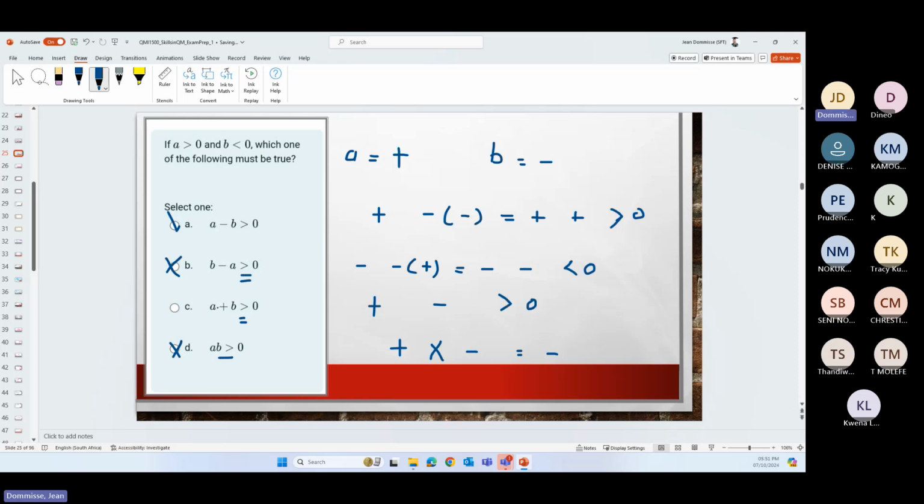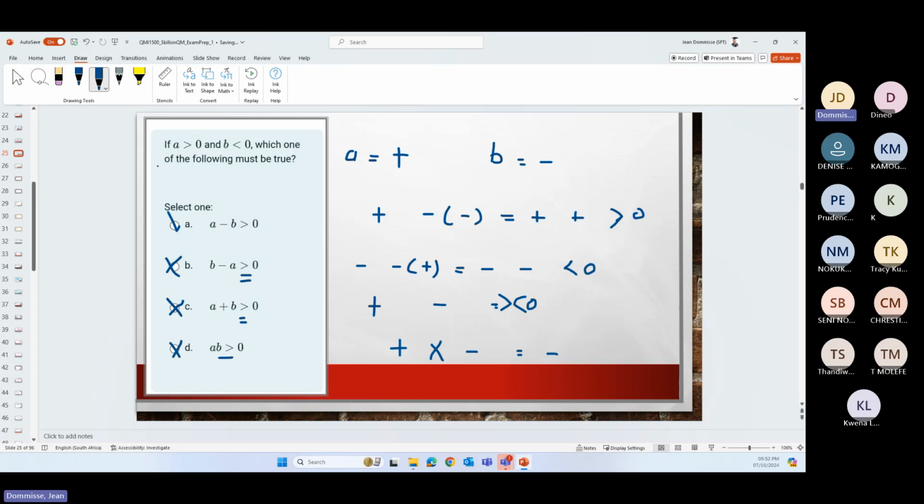If it was 1 and that was 3, or -3 in this instance, 1 plus -3 will still be negative. So this one can be bigger or smaller or even equal to 0, depending on what the numbers are. So that is why option C is also incorrect.